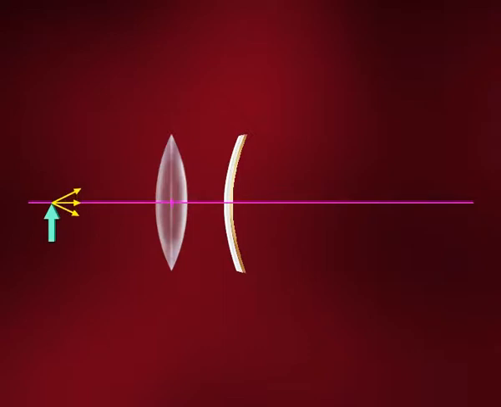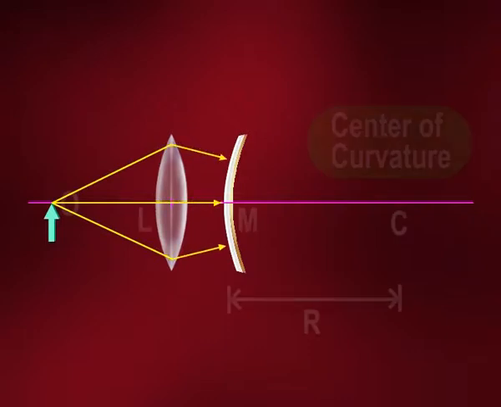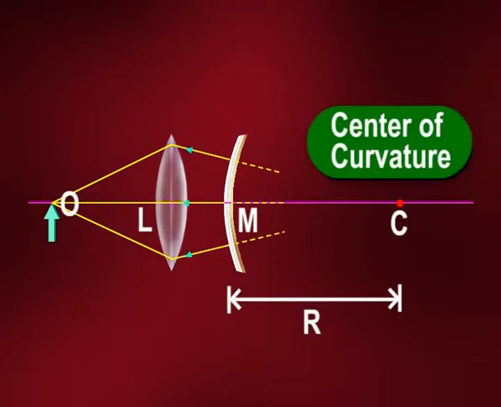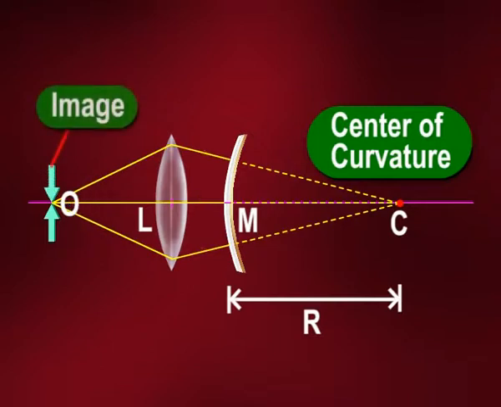The rays of light starting from the object pass through the lens, converge slightly, and reach the mirror. The position of the mirror is so adjusted that after successive reflection and refraction, the image is formed exactly above the object.